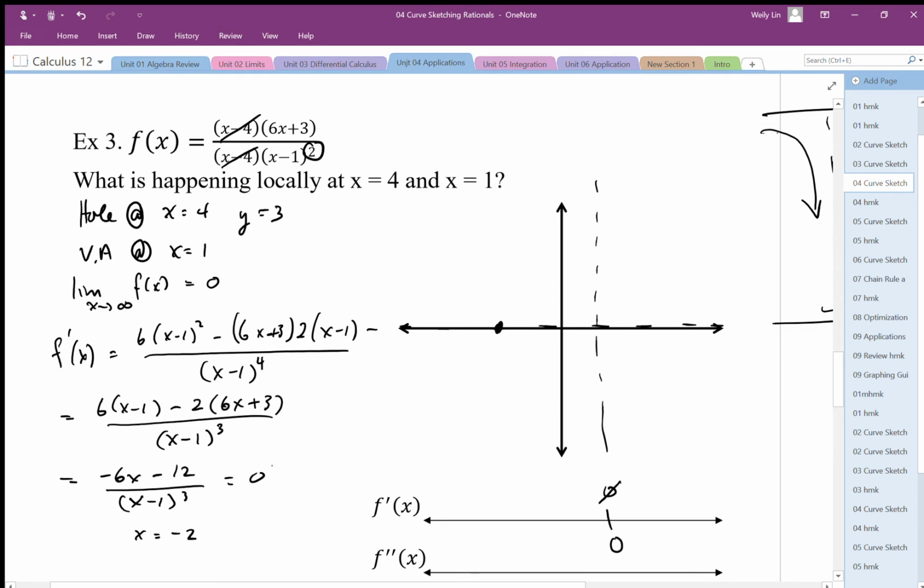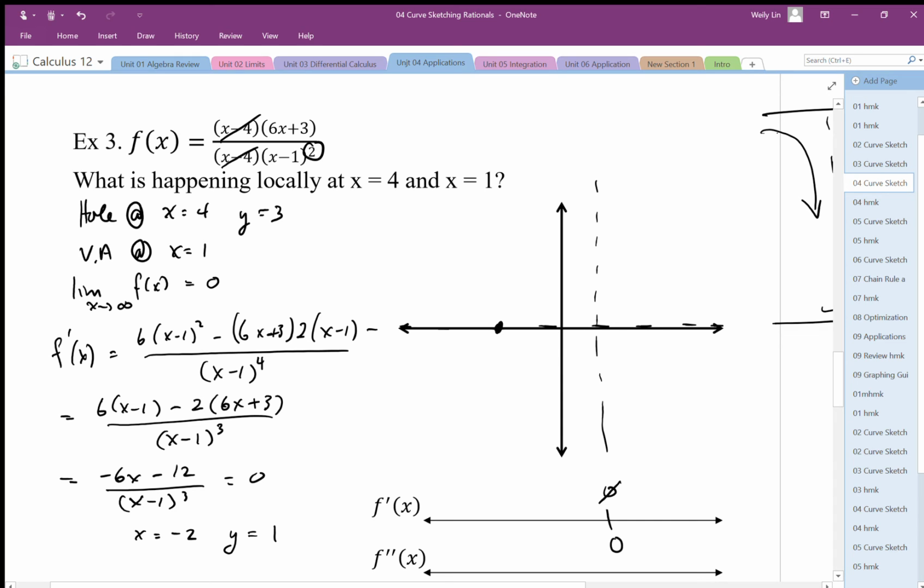I should really factor that, but it's going to be negative 6 times x plus 2. So at x equals negative 2, when I plug the negative 2 in, I'm going to get negative 12 plus 3 is negative 9, divided by 9 is 1.